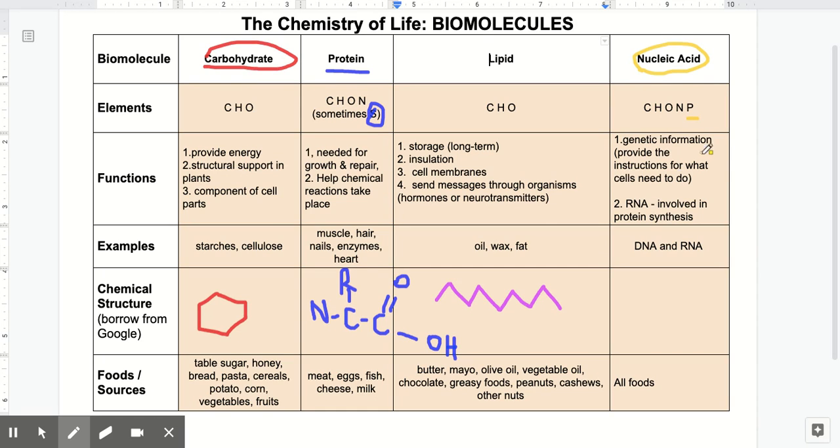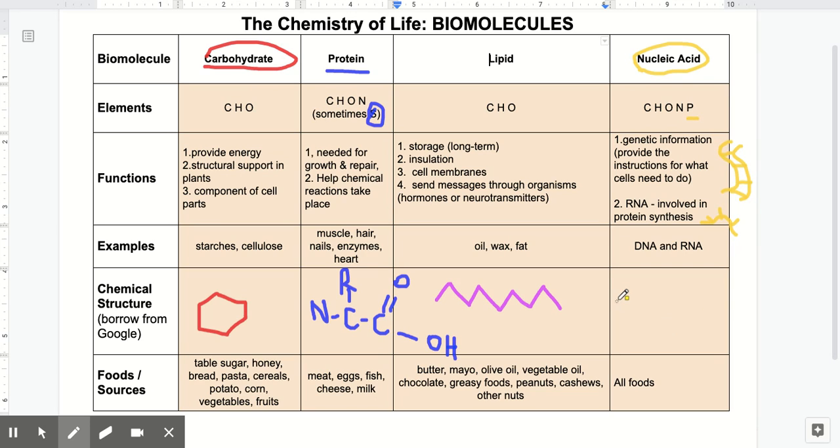In terms of function, DNA, the double helix, we represent as a twisty ladder. It contains genetic information. And then RNA is kind of like DNA's cousin. It helps make proteins, and it looks like half of a little DNA. Sorry for my rudimentary drawings there.